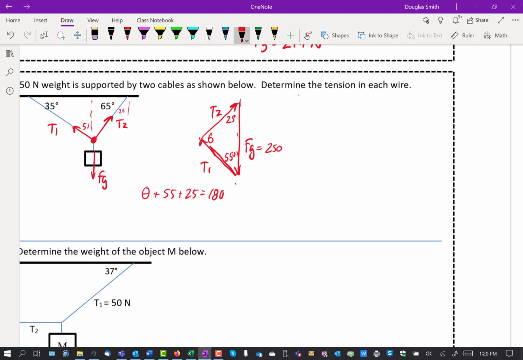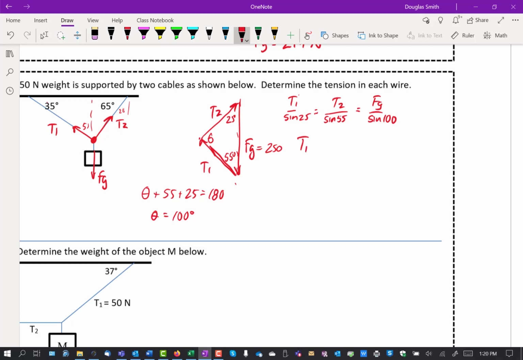So this is 100 degrees. Okay. So I have T1 over sine 25 equals T2 over sine 55 equals FG over sine 100.